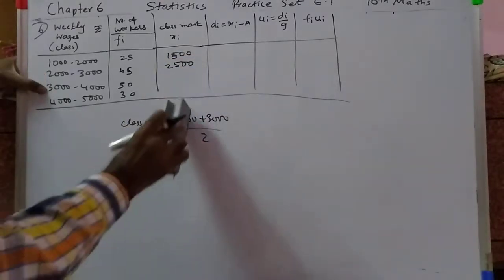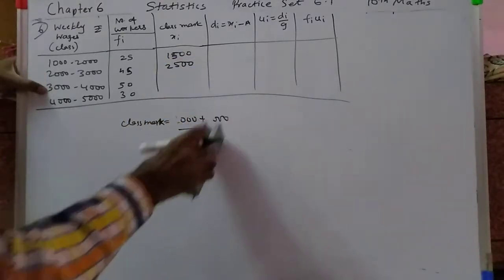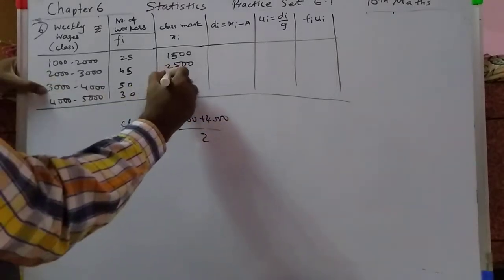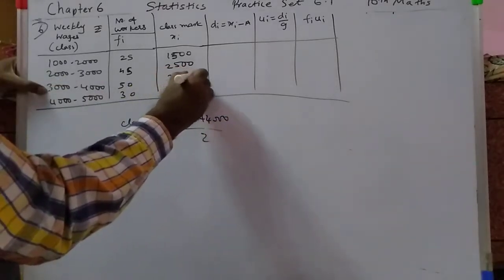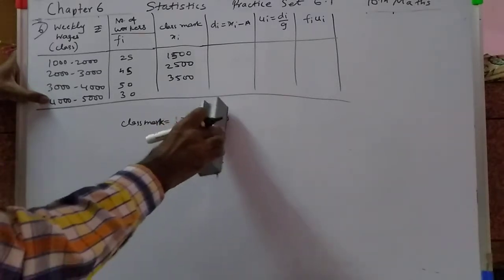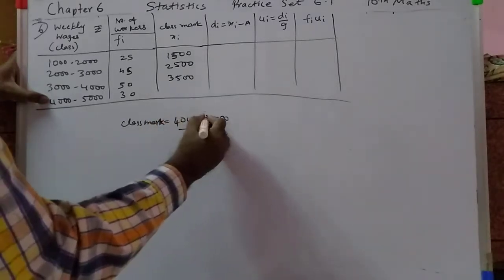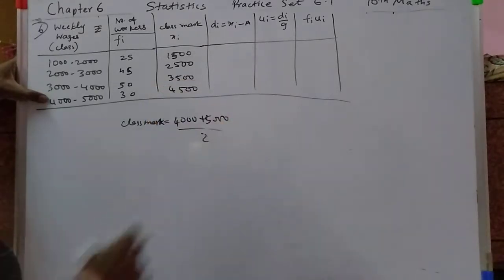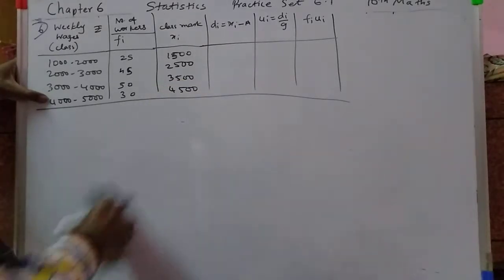And for this, that will become 3000 and 4000, that will become 3500. And for last one, it is 4000 and 5000, that will become 4500.